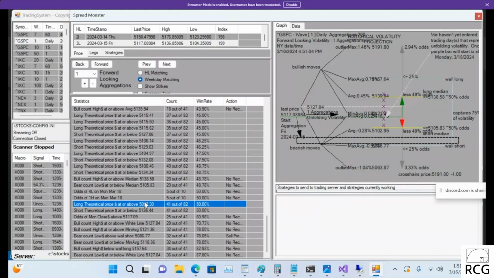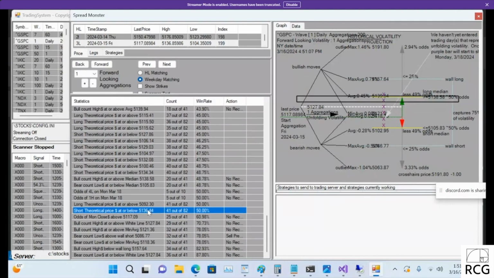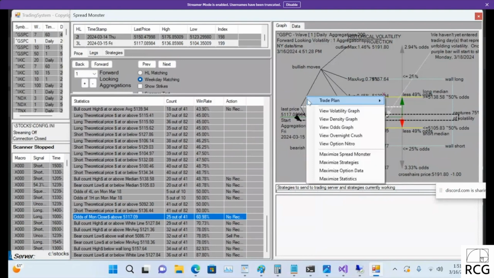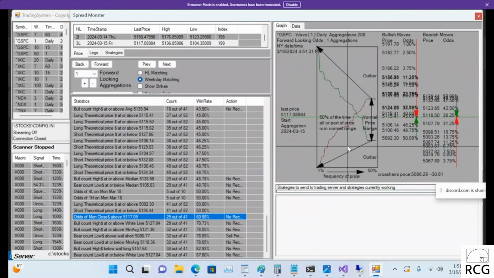Where's 50.92? Oh, odds of Monday close above 51.179: 60.98. And over here, it's kind of showing the normal price range. So yeah, we could just get it from there.